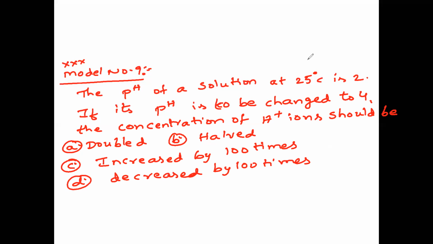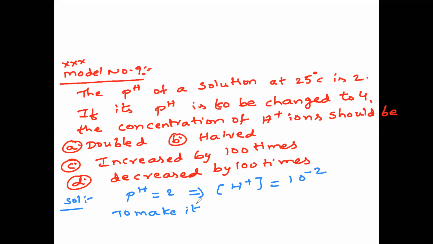For this, I'll write the solution here. Please see carefully. In the first case, pH is equal to 2, so this implies H plus concentration is equal to 10 to the power of minus 2. In the second case, to make pH equal to 4, H plus concentration should be equal to 10 to the power of minus 4.